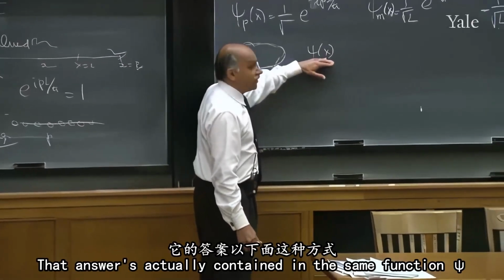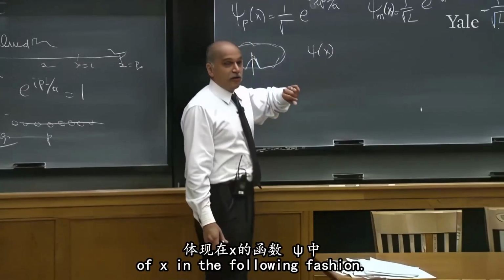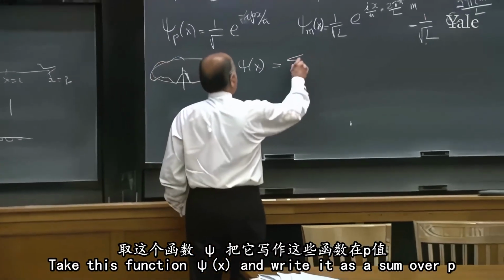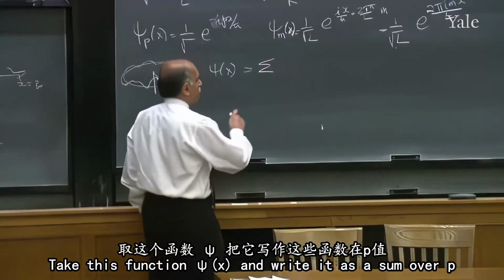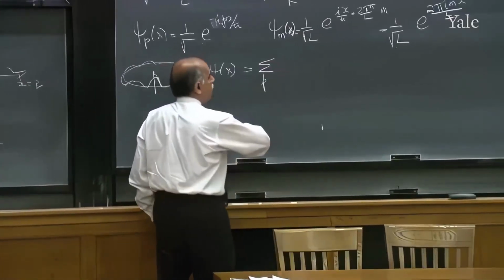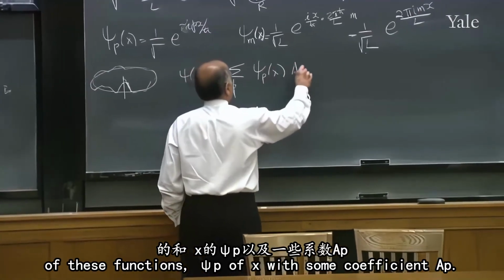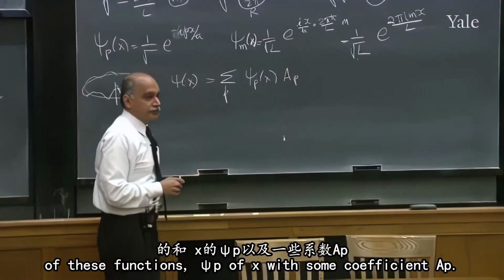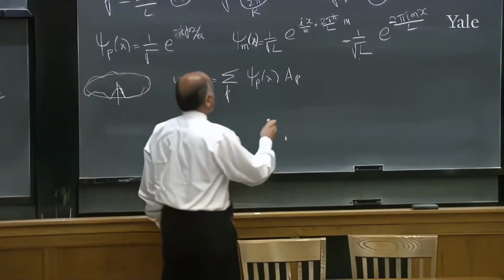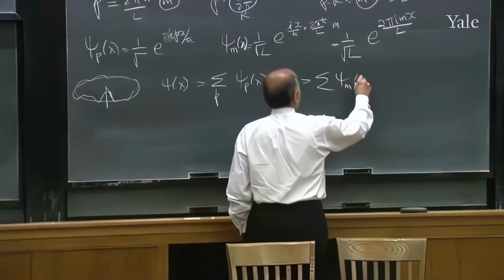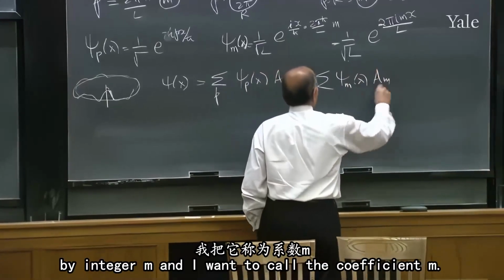That answer is actually contained in the same function psi of x in the following fashion. Take this function psi of x and write it as a sum over p of these functions psi p of x with some coefficient a_p. I can also write it equally well as the same function labeled by an integer m, and I want to call the coefficient a_m.